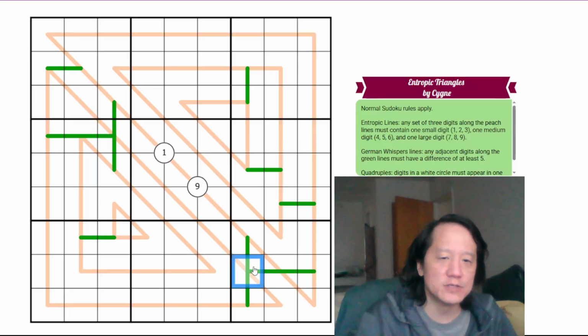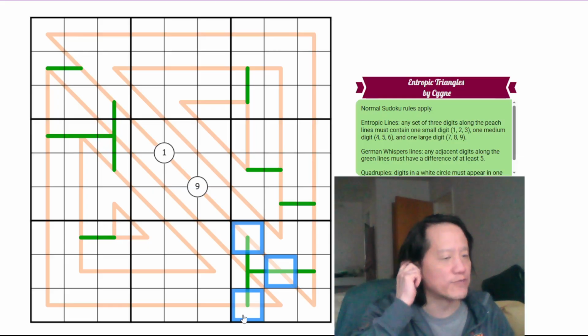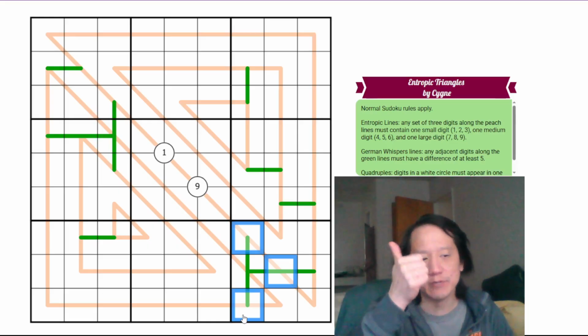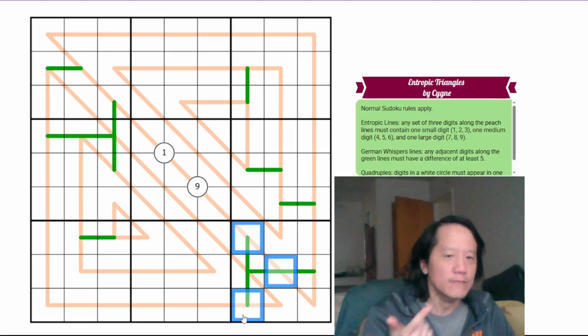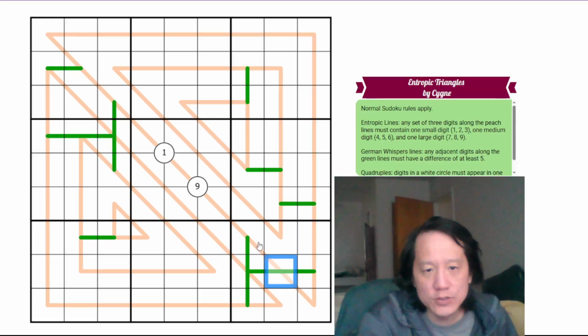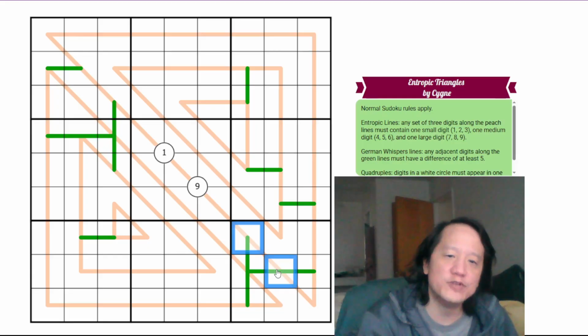This digit is next to 3 other unique digits on a whisper 5 line. So it must be either 1, which can be next to 6, 7, 8, 9, or 2, which can be next to 7, 8, 9. But 2 of these digits here are of different sets.